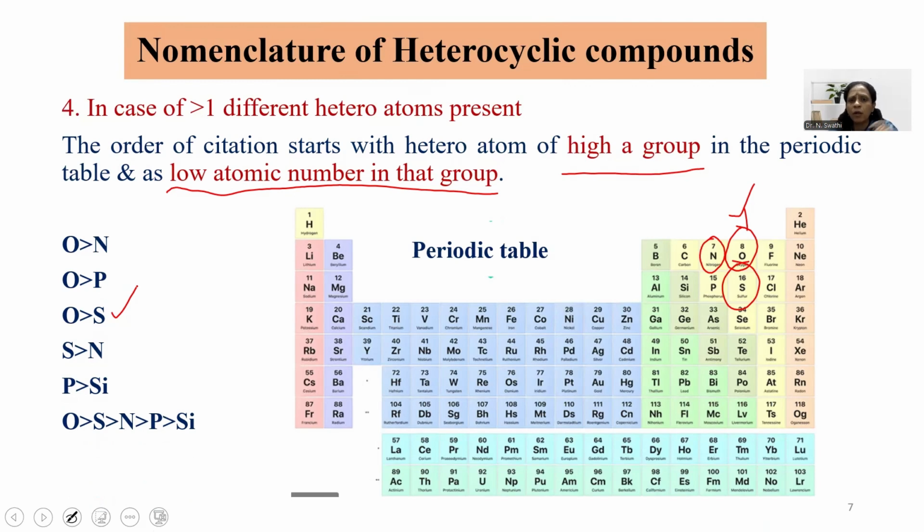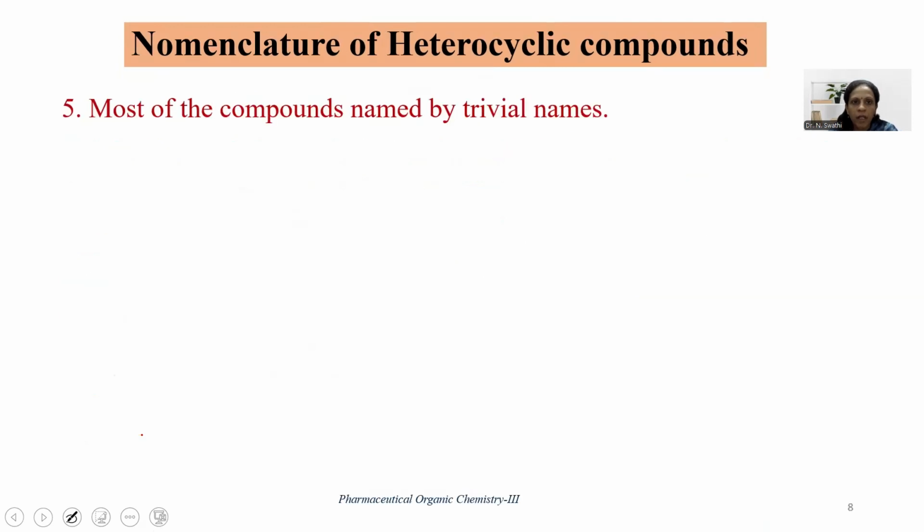So if the given compound contains oxygen, sulfur and nitrogen, all the 3, then oxygen should be numbered first, then sulfur, then nitrogen. So this is how we have to give numbering in case of heterocyclic compounds containing more than one different heteroatom.